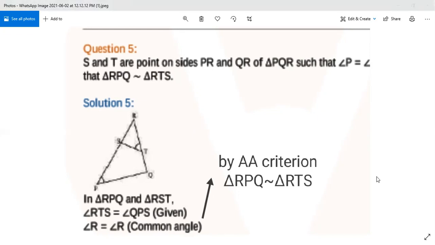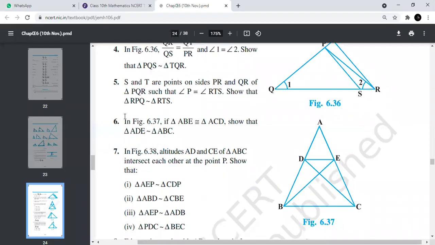Okay. Now the next question, figure is given to you this time. And they are asking you that in this figure, triangle ABE, this triangle you have here, is given congruent to triangle ACD. Okay, so ABE, you can shade this for understanding, and ADC. These two triangles are congruent.